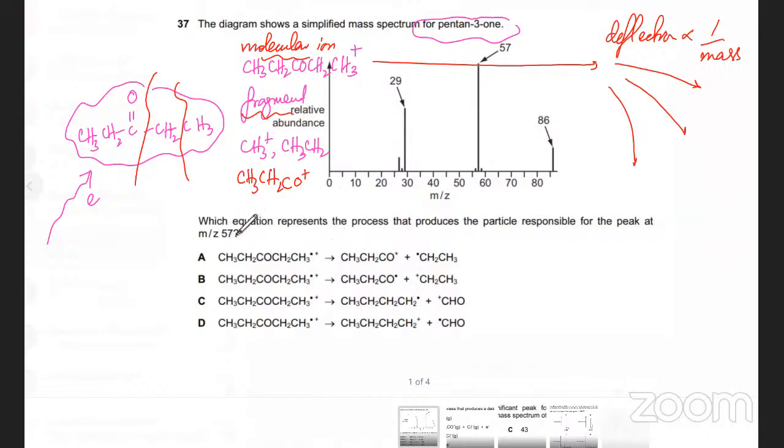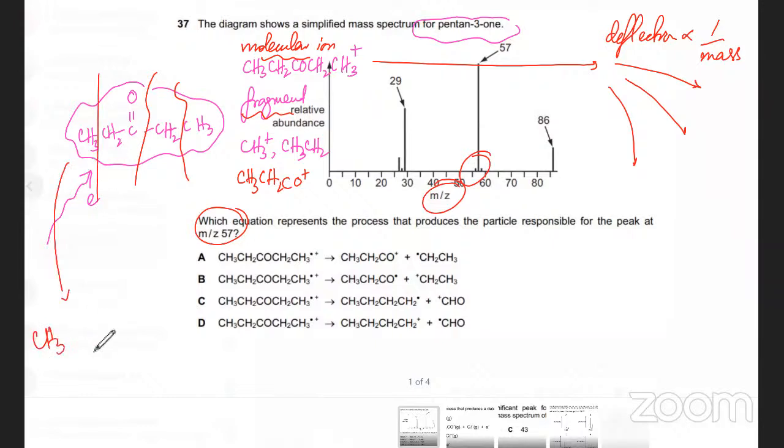Now he's talking about 57. He's saying there's a detection happening, a particle with a mass-to-charge ratio of 57. So it has a mass of 57. Which fragment has a mass of 57? A CH3 fragment could break out of this molecule.